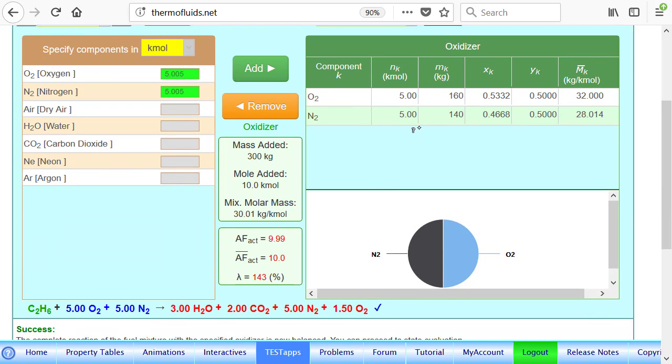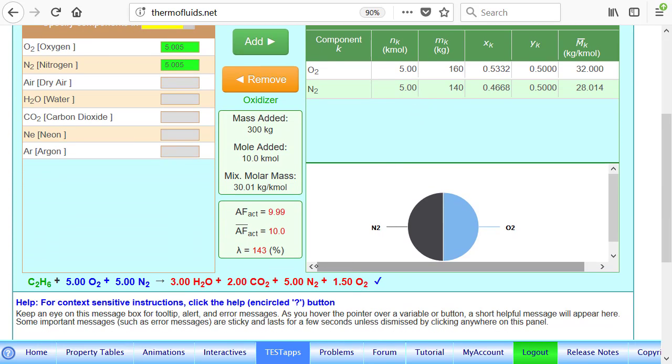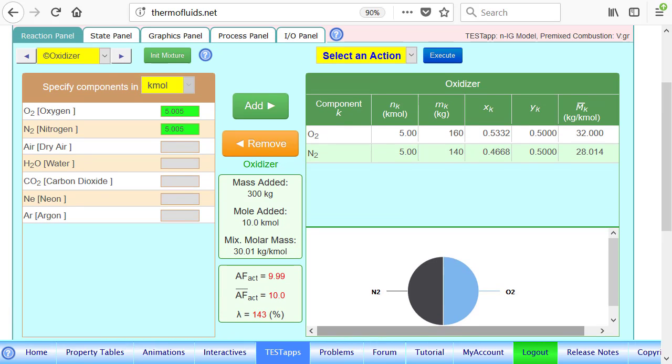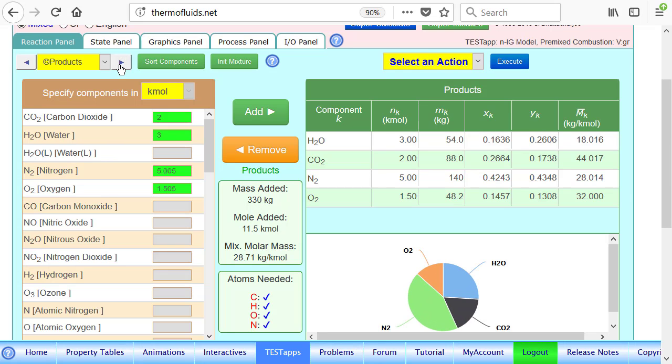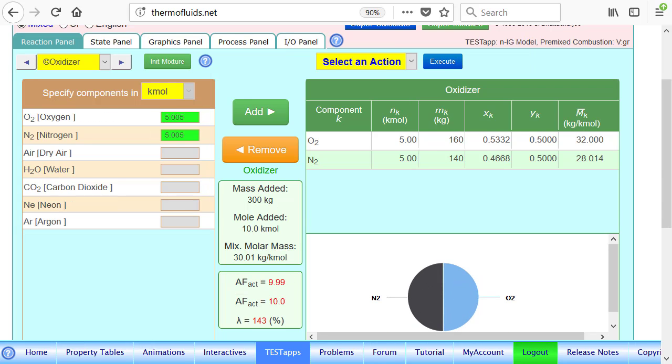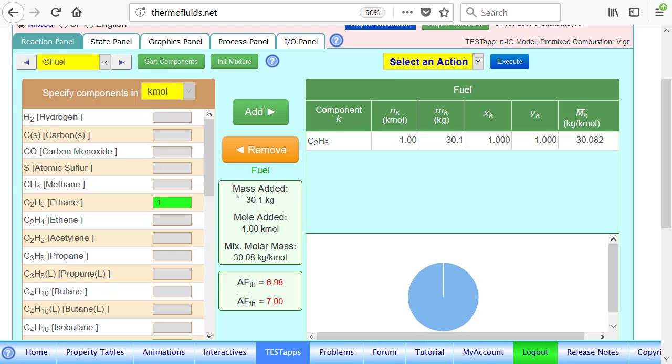And this time, when you look at the reaction, there'll be some oxygen left over because you have excess air here. In this entire system, look at the total amount of product. There is about 333 kg of products, and there is 300 kg of oxidizer and about 30.1 kg of fuel.